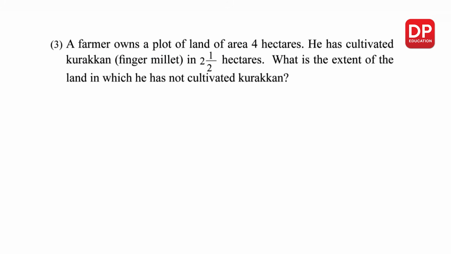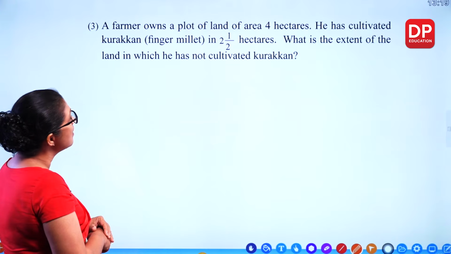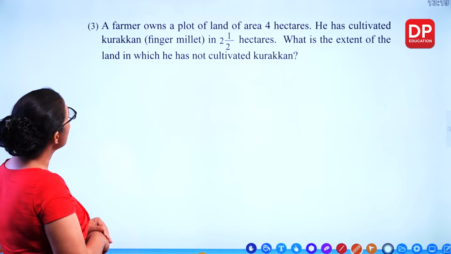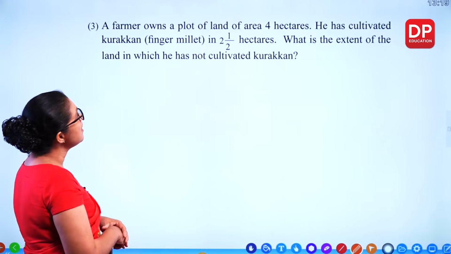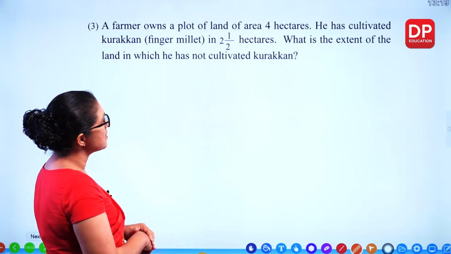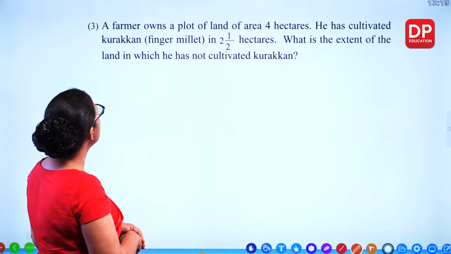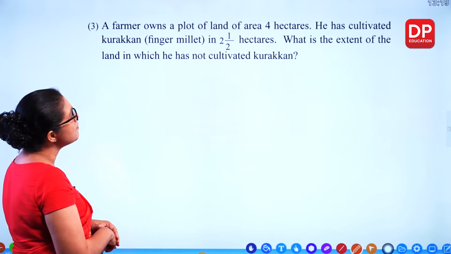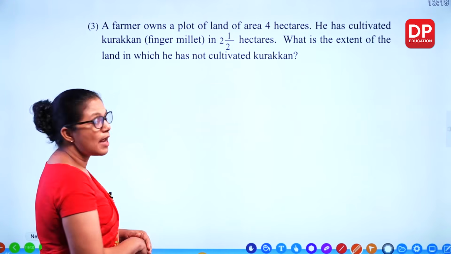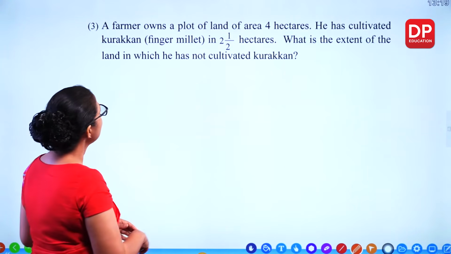Question number 3. A farmer owns a plot of land of area 4 hectares. He has cultivated Kurakan, finger millet in 2.5 hectares. What is the extent of the land in which he has not cultivated Kurakan? So that means the difference.